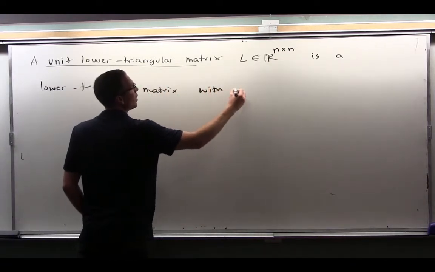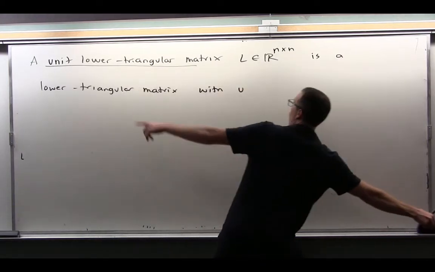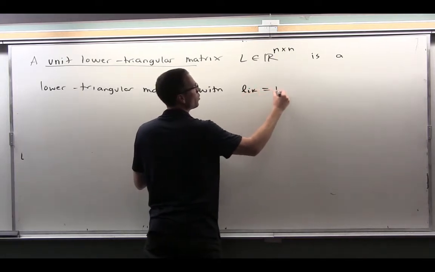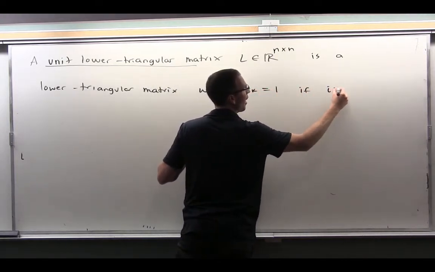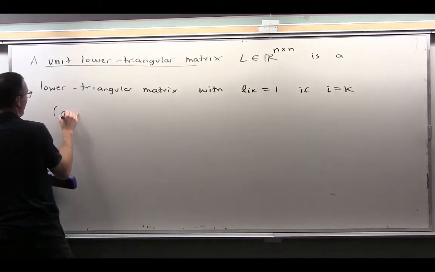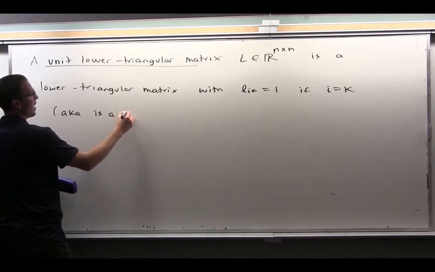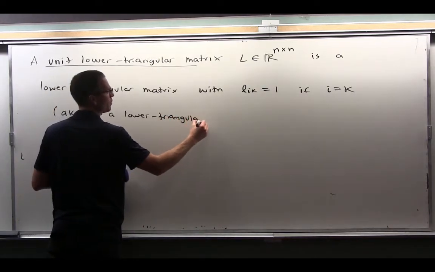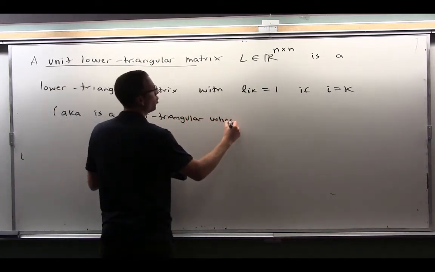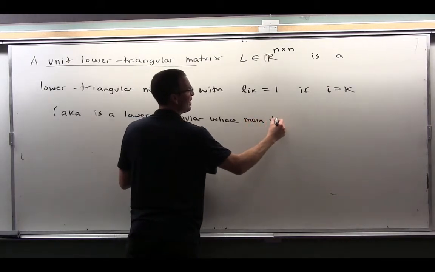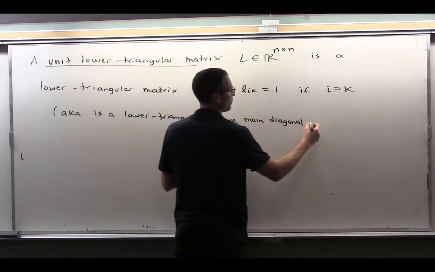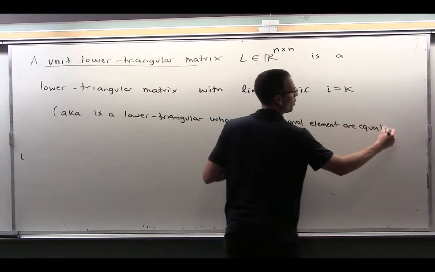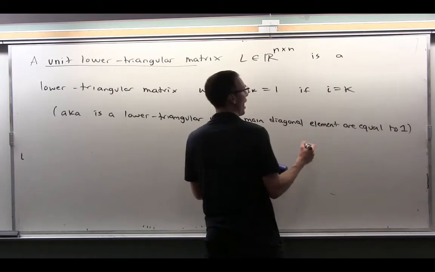Yep. Watch this, though. When we use the word unit, we say that L_ik is equal to 1 if i equals k. AKA, it's a lower triangular matrix with what property? Whose main diagonal elements are what? Equal to 1.